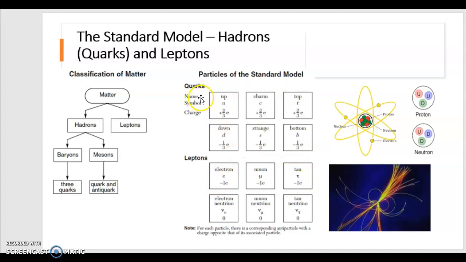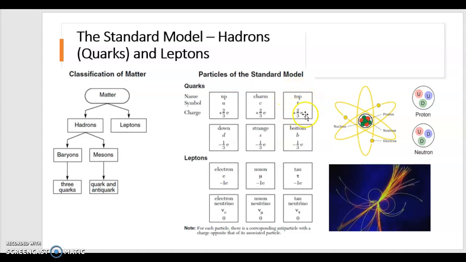And it turns out that these second column particles, what we call second generation particles, and these third column particles, or third generation particles, you could think of as really just different versions of the first generation particles. So you could think of the charm as sort of a bigger version of the up quark, and the top quark is an even bigger version.